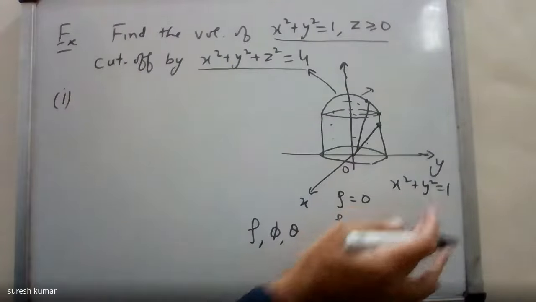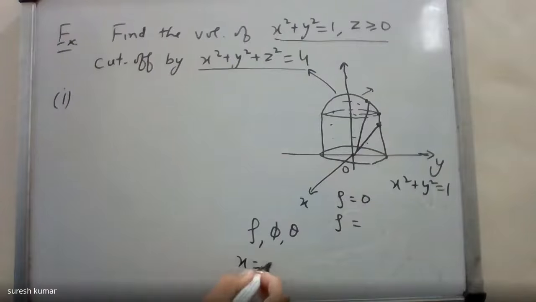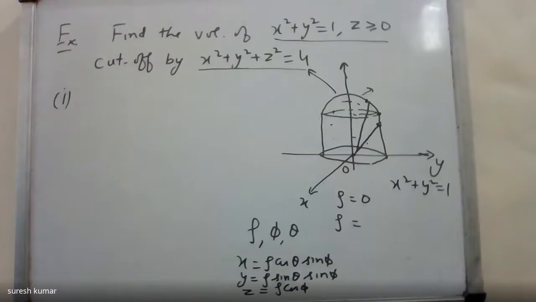To solve this, you need to recall what is x in spherical coordinates. x is rho cos theta sin phi, y is rho sin theta sin phi, and z is rho cos phi. Okay, these are standard relations between x, y, z and rho, phi, theta.